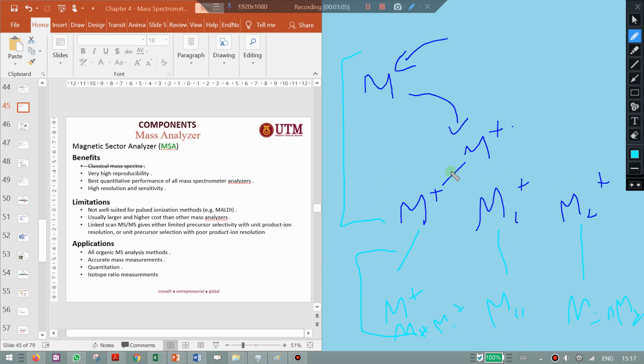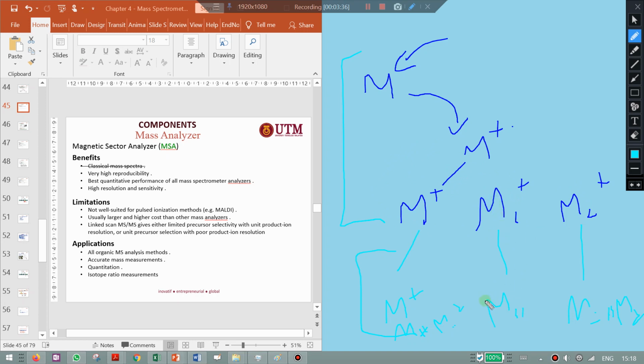Sebab contoh kita ada ethanol, we have CH3 and CH2OH, right? For example, we have CH2OH as our base peak. It means that CH2OH is a very unique ion for our analysis. Okay, that unique ion of the analysis, then we can further fragmentize.